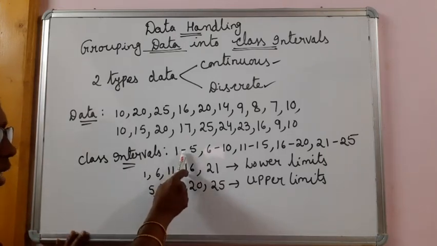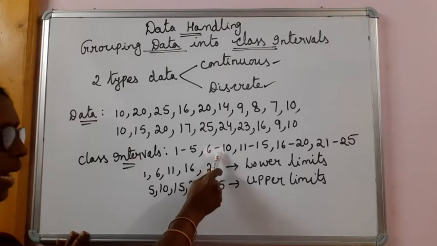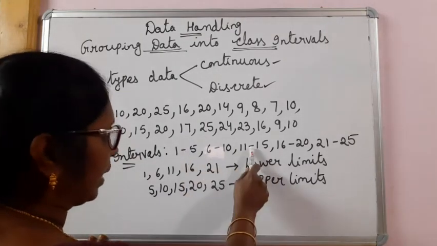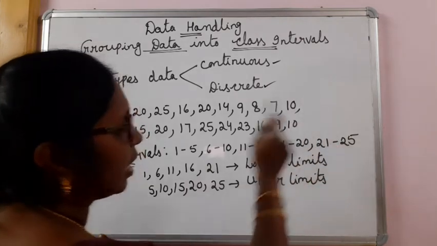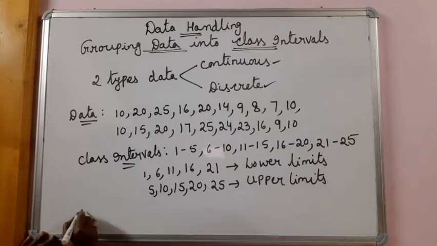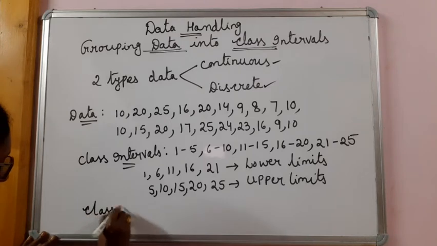Here 3 is the middle value. Here 8. Here 13. Here 18. Here 23. So the mid value of each class interval is known as a class mark. What is class mark?